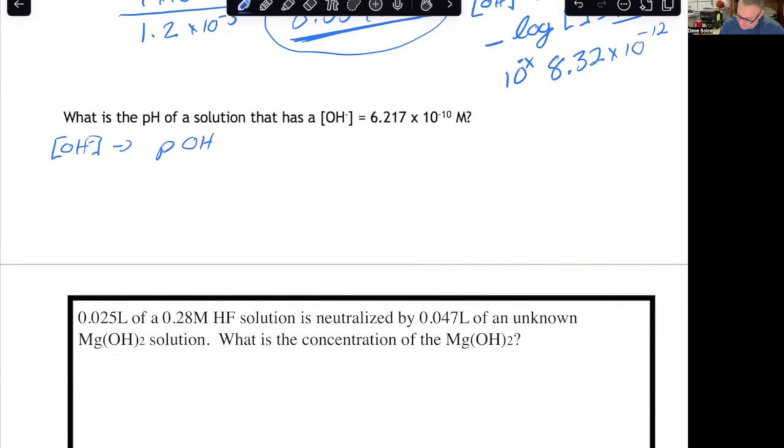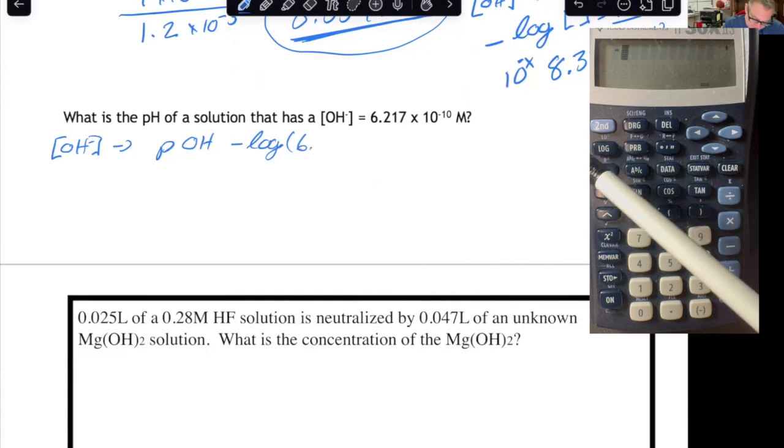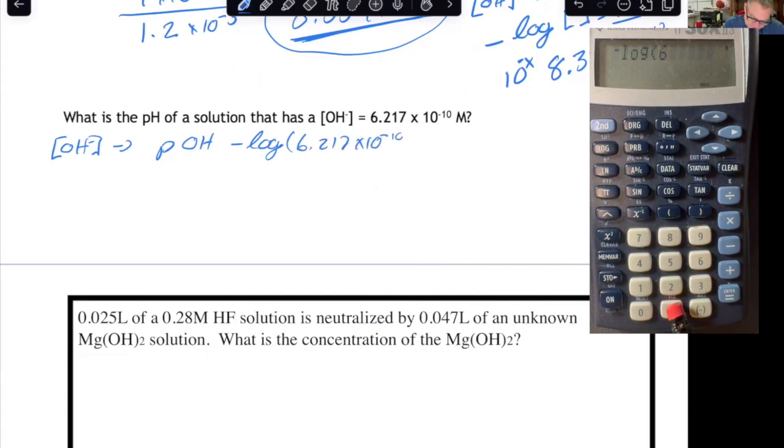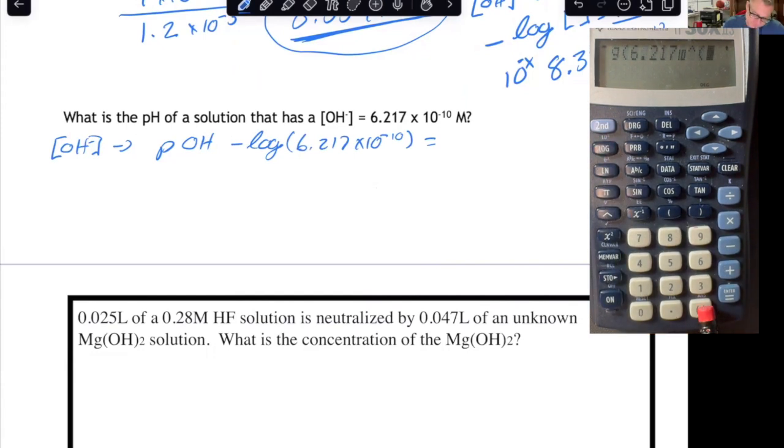So I am going to go ahead and put in negative log of the concentration, 6.217 times 10 to the negative 10, close my parentheses, and that is going to give me an answer of 9.206. Okay, now this is going to be my pOH.